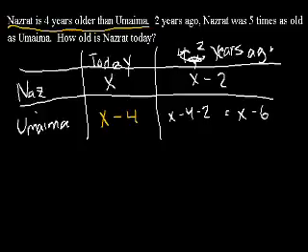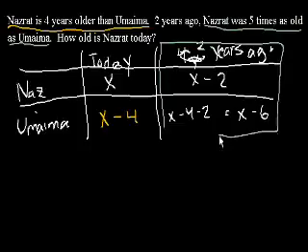Now we have one final piece of information in this problem. It says 2 years ago, Nusrat was 5 times as old as Umama. So 2 years ago, Nusrat, which is X minus 2, was 5 times as old as Umama, which is X minus 6.